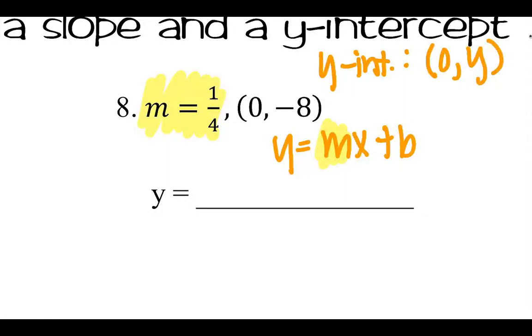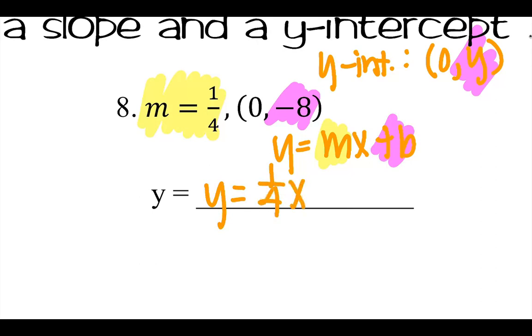So whatever is here should be my y. So that is my b. So I've got y equals 1/4 x minus 8.